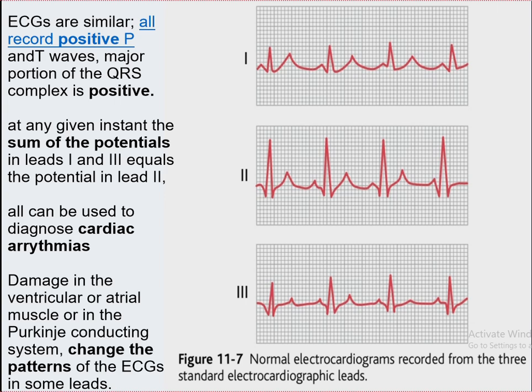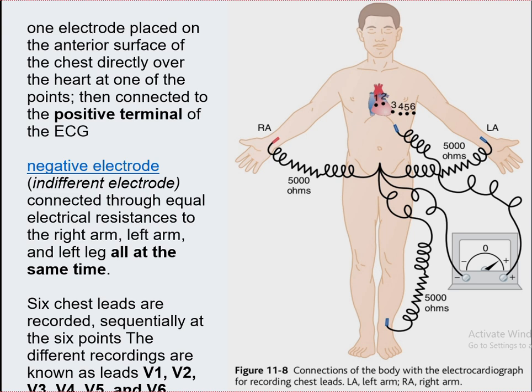But if you are looking at damage to the ventricles, damage to the atria, pathological conditions, then the type of lead you have used matters a lot. For example, when you are diagnosing anterior ventricular damage, you may find that the chest leads are more perfect at it. But for arrhythmias, any can be used.